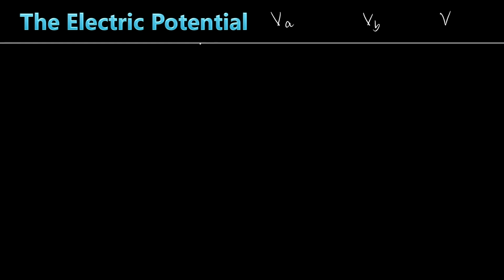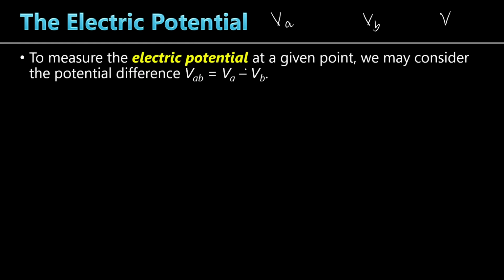Paano natin malalaman yung expression for the electric potential at a point? So to measure the electric potential at any given point, we may also consider the potential difference, no? Yung VAB, which is equal to VA minus VB. So if we want to measure the potential at point A, then this VAB must be equal to VA, no? And to do that, we need to set VB equal to 0. Okay?